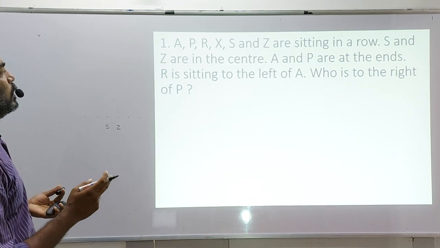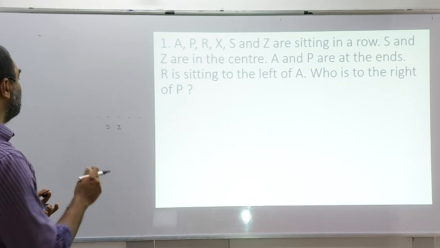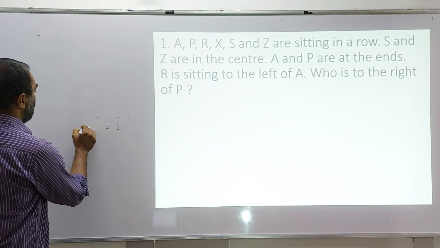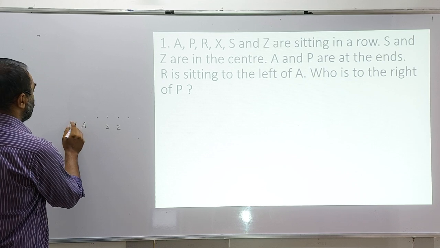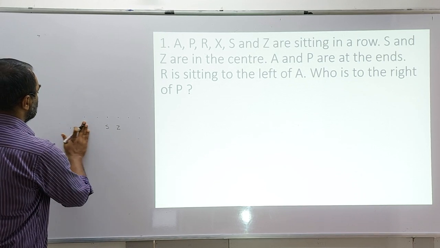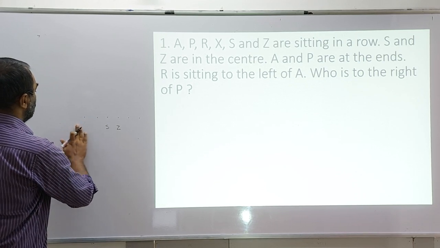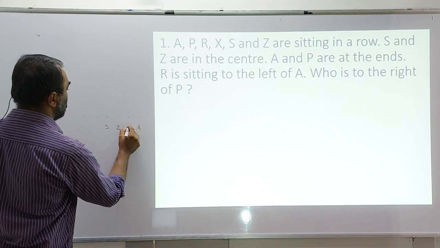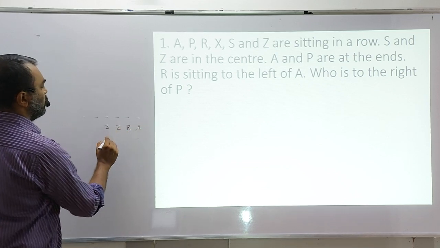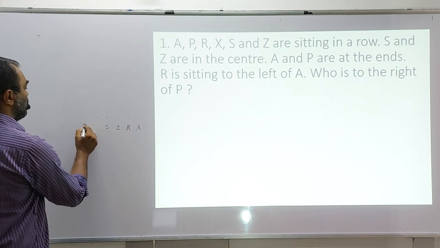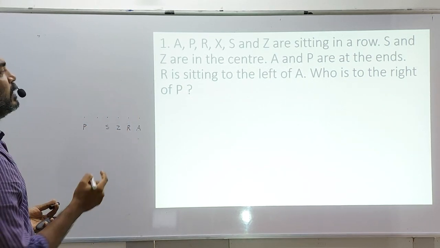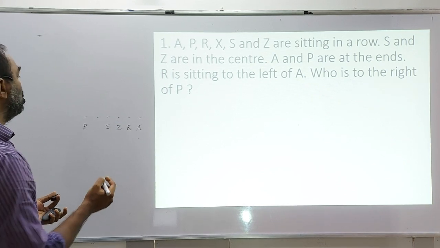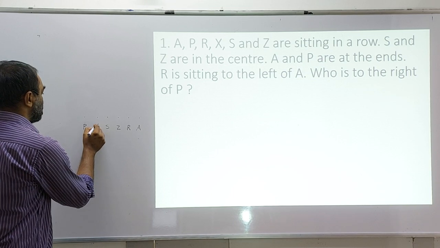Now R is sitting to the left of A. So if I put A here, then R is sitting at the left of A, but there is no person here. So A should be coming here, and R is sitting on the left of A. So automatically P comes here because P and R are at the ends. So which is the one left? The only one left is X.